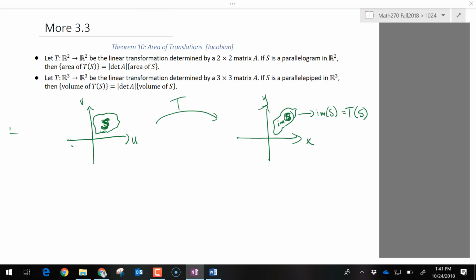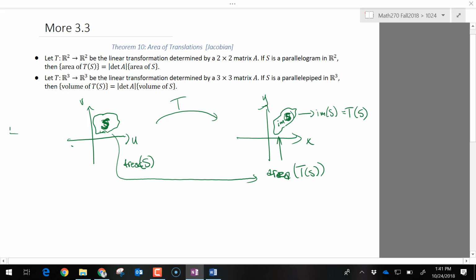So what are they trying to say? The area of T of S is going to be related somehow to the area of S. And they won't be exactly the same because the transformation is going to do something to change it. So even though they won't be exactly the same, there's a factor, and that's going to be the determinant of A. What's A?